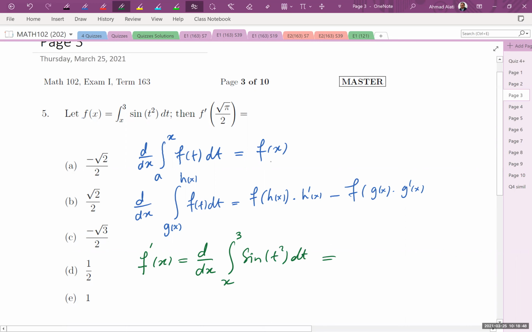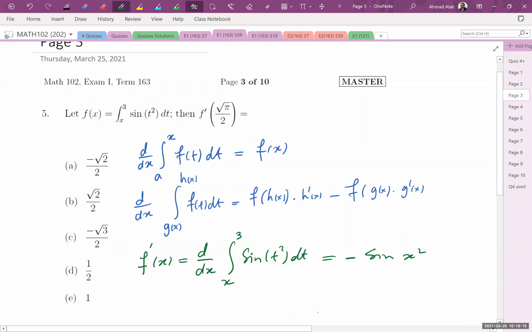Use the first one. It will be sine of x squared, but here with a negative, because you know that the integral from a to x is the negative of the integral from x to a. Or you can just use the second, where this part will be 0, and you will have the negative from the second part. Now this is the derivative.